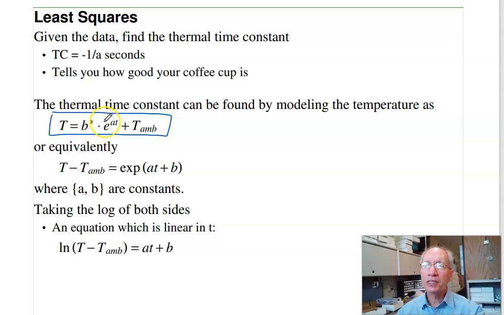Well, the problem with this is I can do a thing called least squares, but for least squares to work, it's got to be linear in time. So take the log, bring T ambient left, take the log of both sides, and now I have the log of T minus T ambient is at plus b. That's linear in time. With least squares, I can estimate these linear constants, a and b. It's actually b times 1.